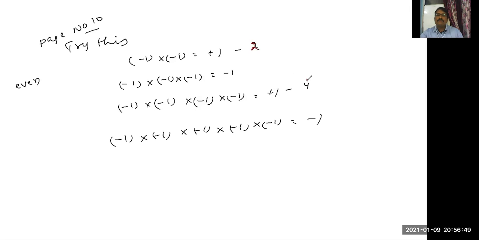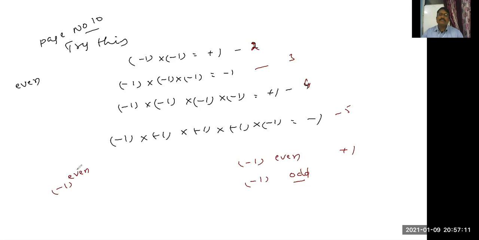Here I multiply 3 times, 5 times. When we multiply minus 1 an even number of times, we get a positive value. Minus 1 an odd number of times, that means minus 1 power odd number.